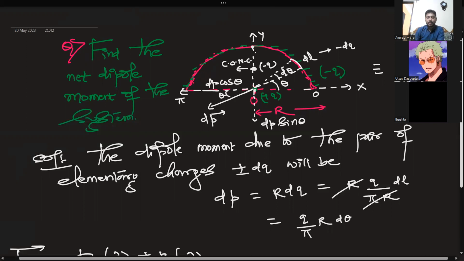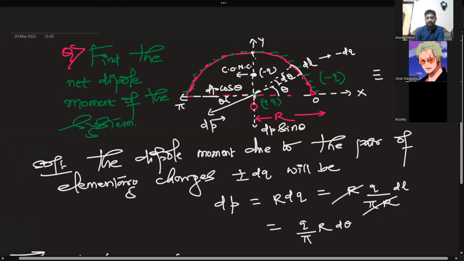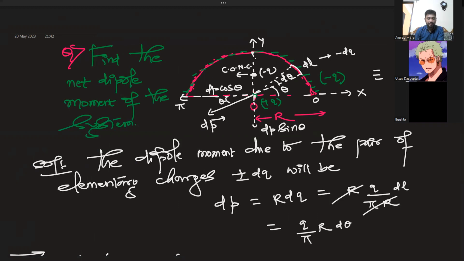Yes. So now let's come to the next part. This was how to calculate a dipole moment, right? Remember, the dipole moment is a vector quantity. So wherever we have a configuration where more than one dipole moment is possible, the resultant will be the vector sum.